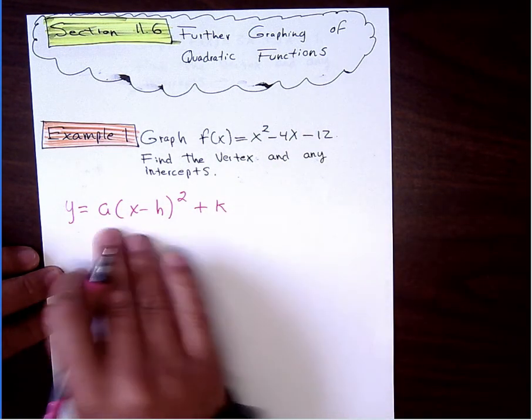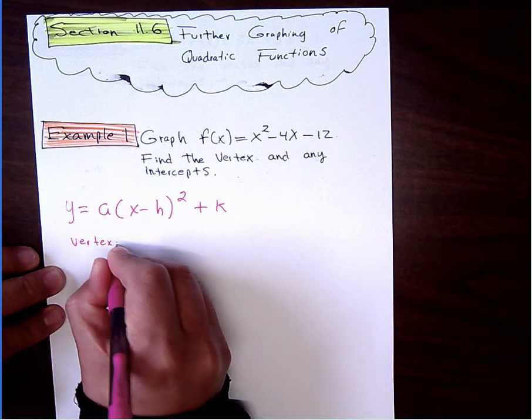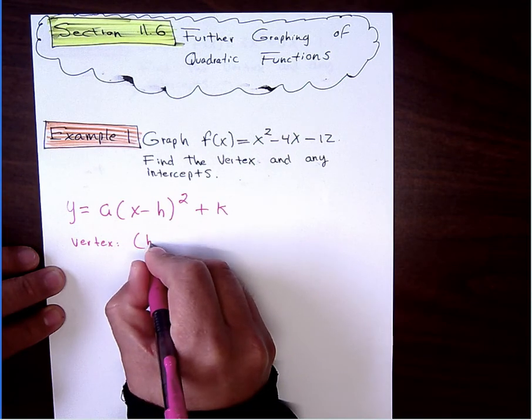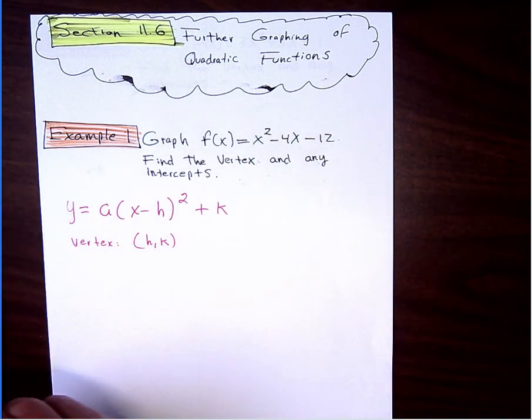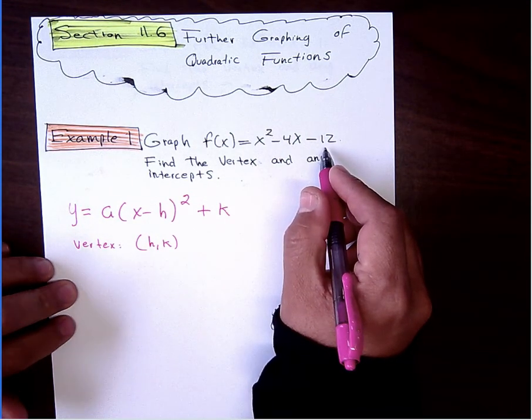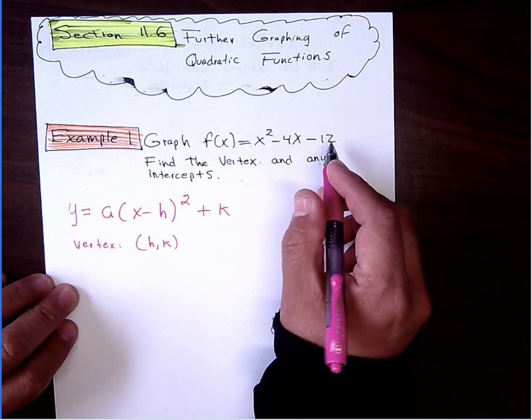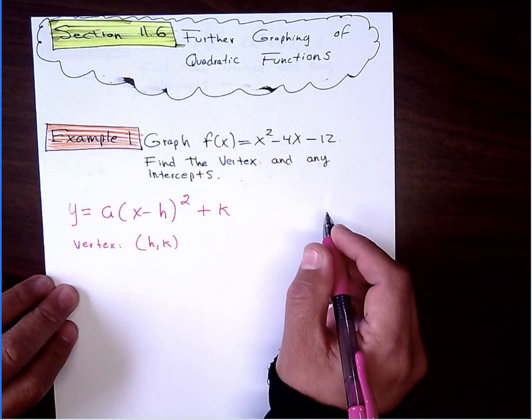Why do we want it like this? Because from here we know that the vertex is (h, k), and we know this is a y-intercept. For some reason, on the example they solve for it, but if it's already given to you, just go with it.